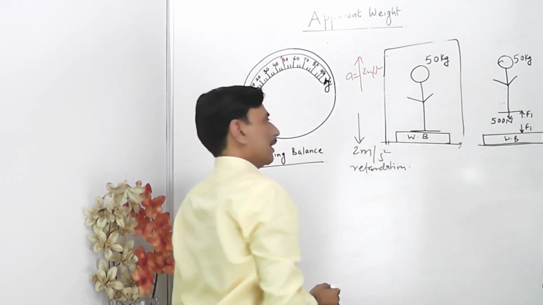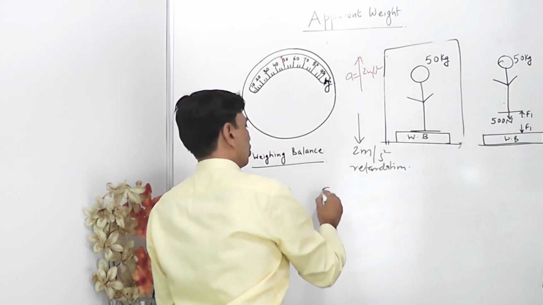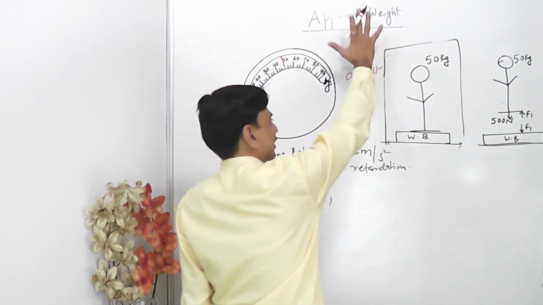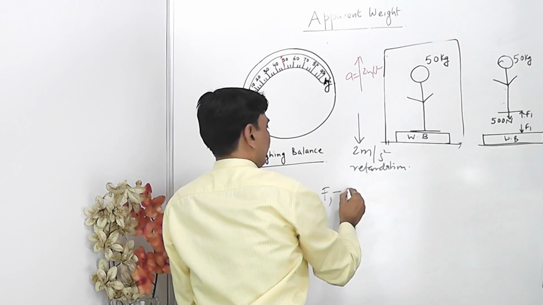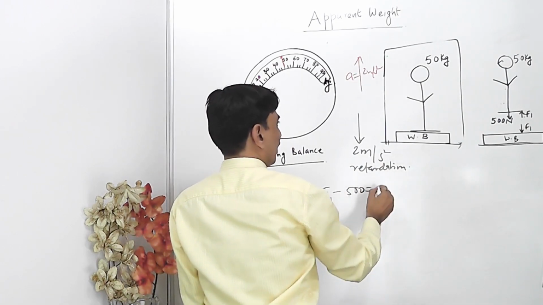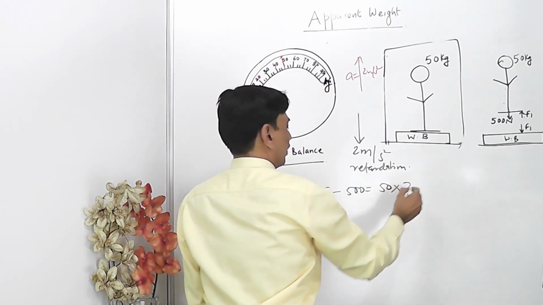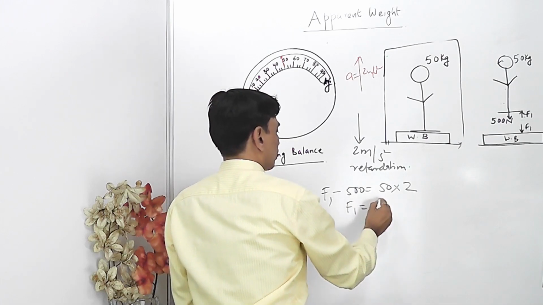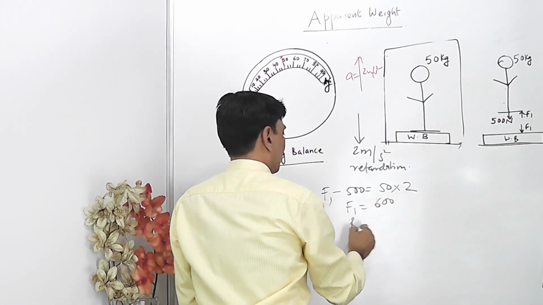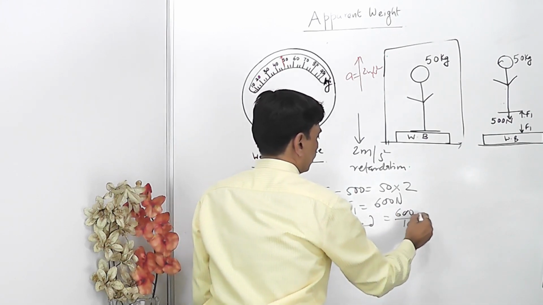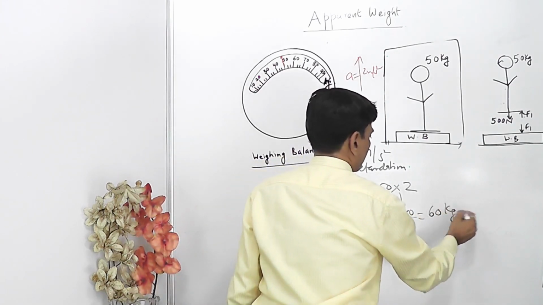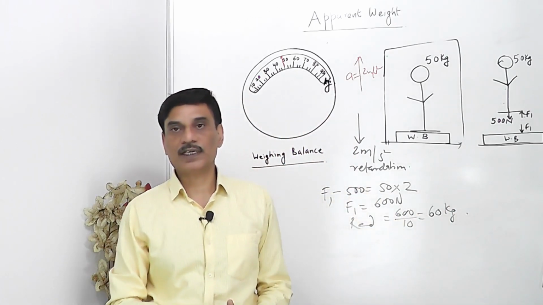The free body diagram remains the same. Because it is accelerating upwards, upward forces minus downward forces: F1 minus 500 is equal to mass of the body, 50, into acceleration, 2. So F1 comes out to be 600 Newton and the reading is going to be 600 by 10, which is 60 kg.